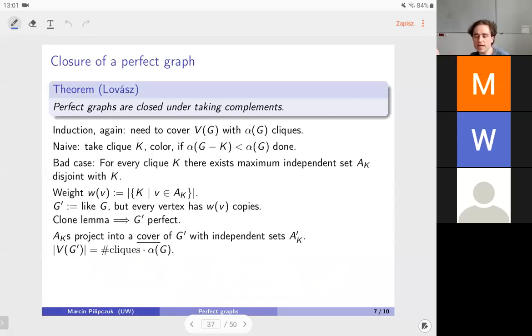So now AKs you can project to disjoint independent sets that exactly cover the new graph, because every vertex gets cloned to exactly the number of copies as how many AKs it was in. So now these AK primes exactly cover the new graph.